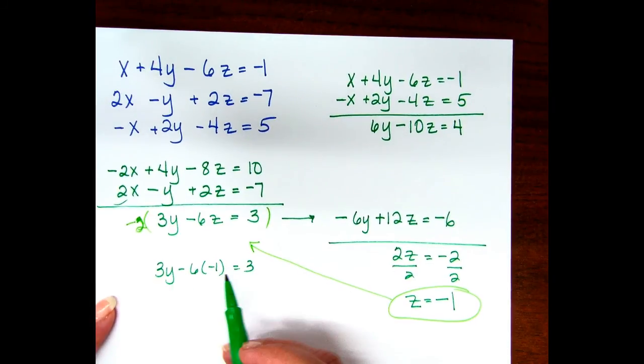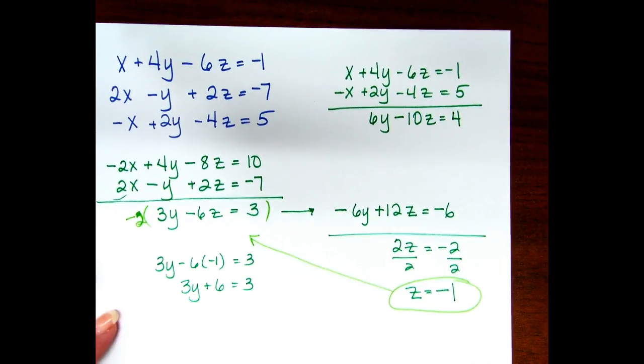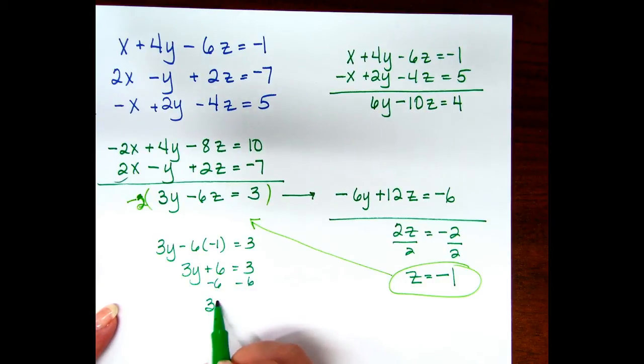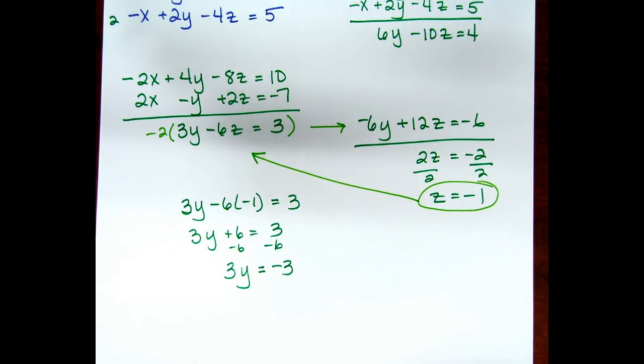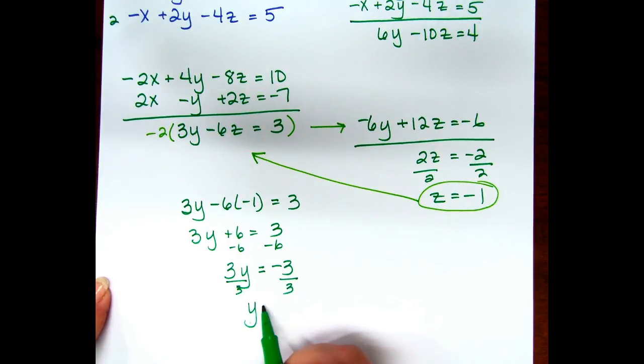Well, negative 6 times negative 1 is plus 6, correct? So if I subtract 6 from both sides, I get 3y equals negative 3. Dividing both sides by 3 gives me y. So I'm going to divide both sides by 3. So y equals negative 1.